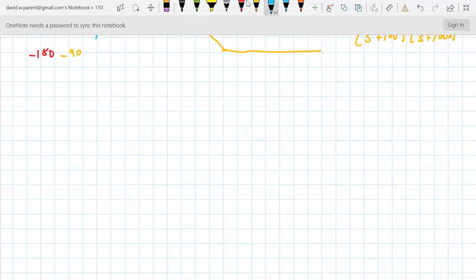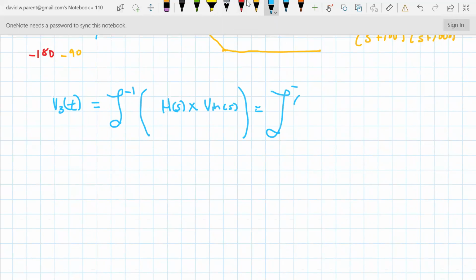Now we need to come up with V3 of t. Well, that's going to equal the inverse Laplace transform of H(s) times V in of s, which equals omega naught over s plus omega naught times the step function.